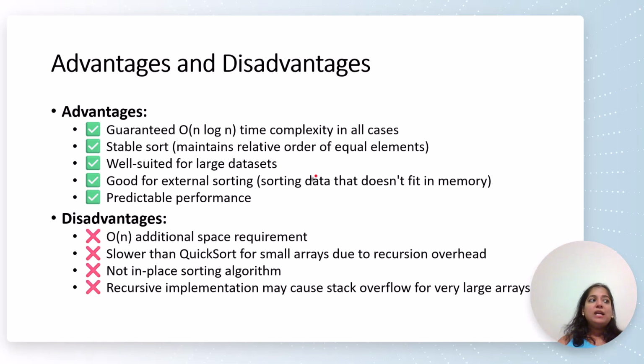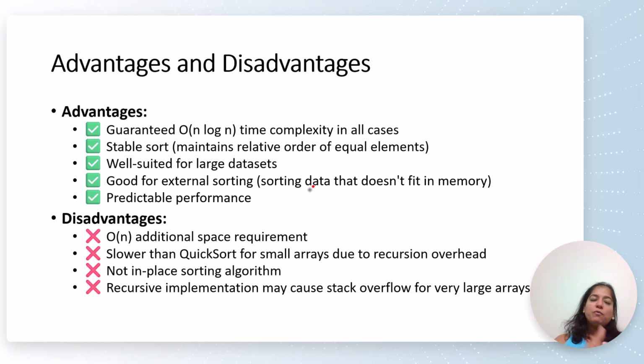It is well suited for large data sets, and it is best for external sorting. External sorting is sorting when your data is so large that it cannot fit into the computer's RAM, so we store the data on an external storage device like your SSD.